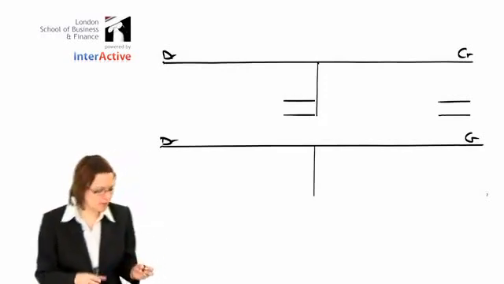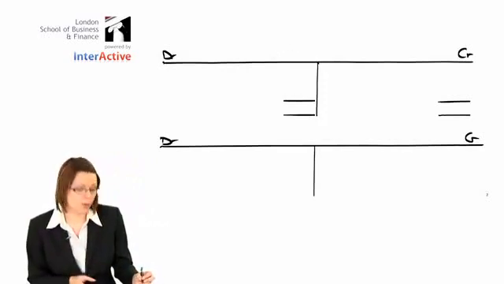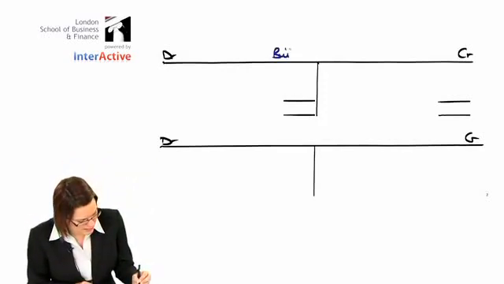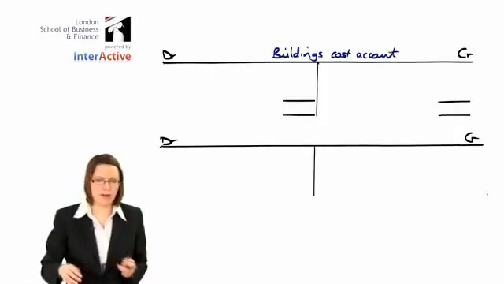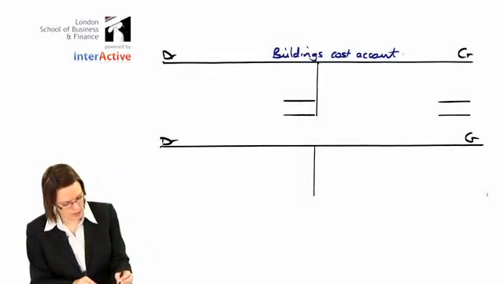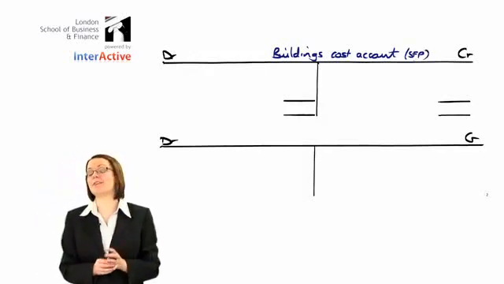In the meantime, though, we're going to write up our first account, known as the building's cost account. Now remember, this is an asset account, which would go into your Statement of Financial Position, or SFP.